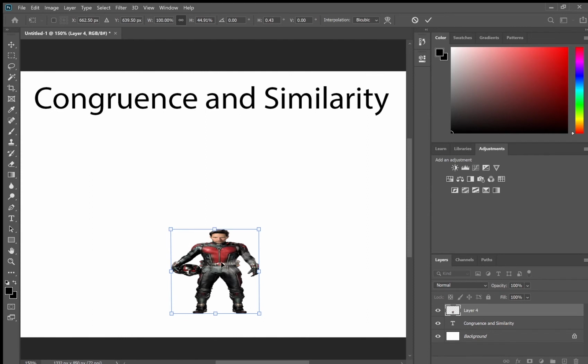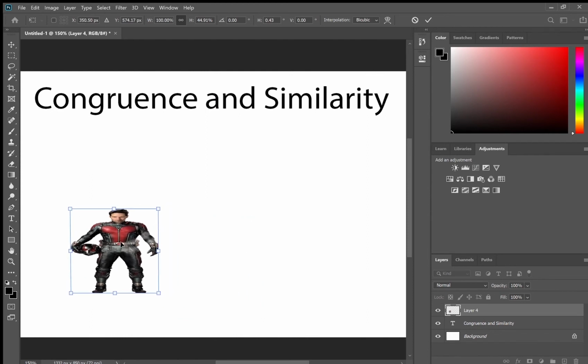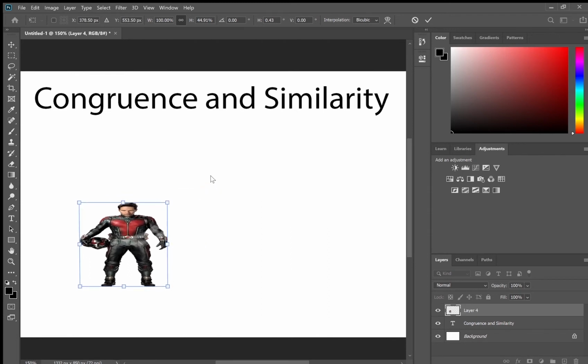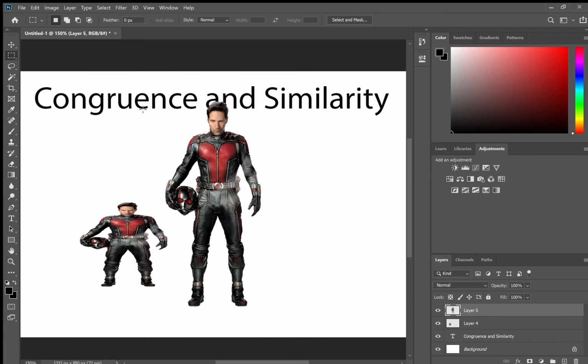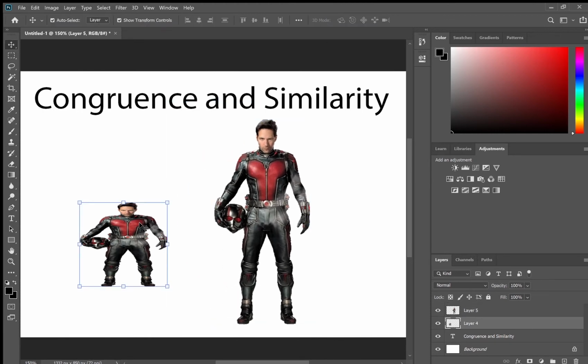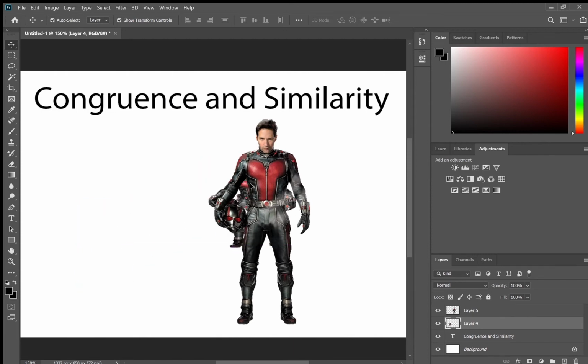We can use this to see the definition of similarity. So I'm going to put another copy of original Ant-Man down here. And you'll notice that no matter what I do, I can't map this Ant-Man perfectly onto this one.